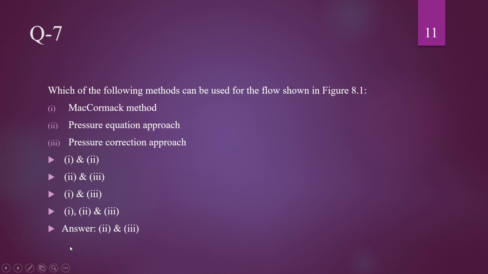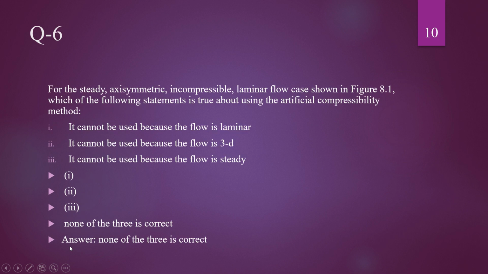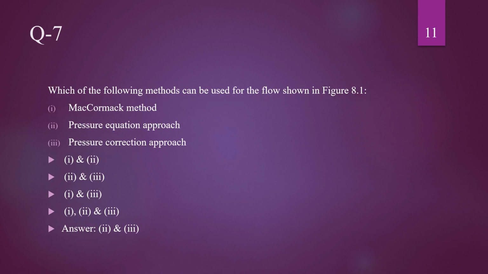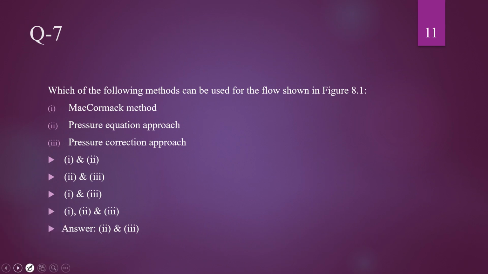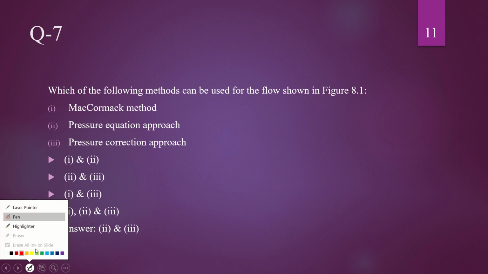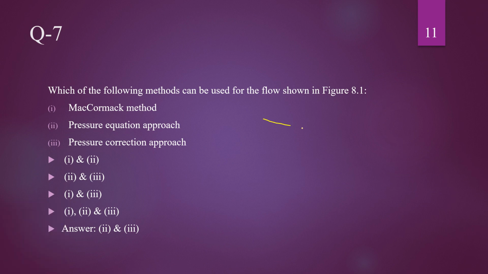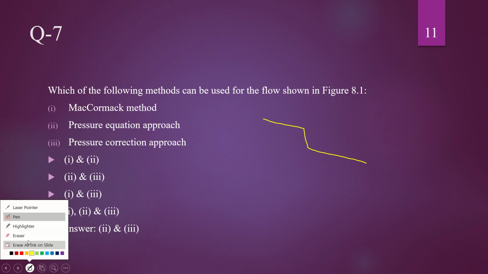So in previous problems we saw the artificial compressibility method. Now we are going to see which of the following methods can be used for the flow shown in figure 8.1. The diagram is not so good.